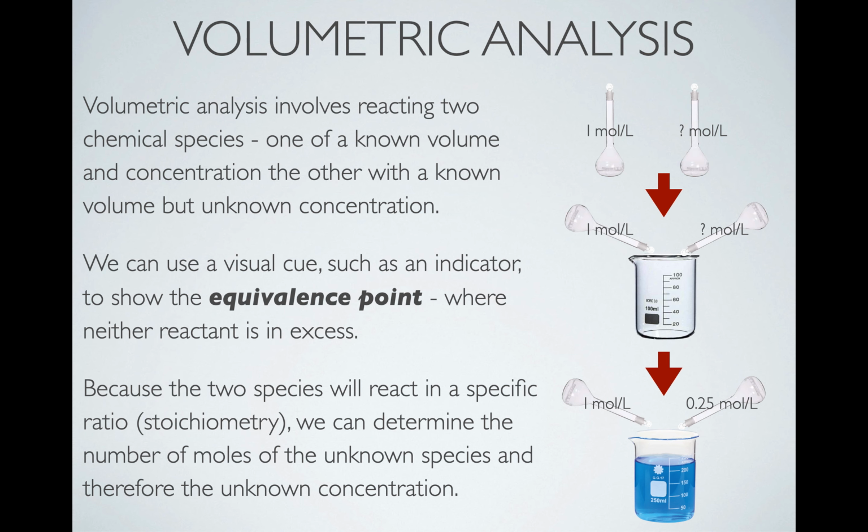We use a visual cue such as an indicator to show this equivalence point, where they're in an exact stoichiometric ratio and neither of the reactants is in excess. Because the two species will react in a specific ratio, the stoichiometry will determine the number of moles of the unknown species and therefore the unknown concentration.